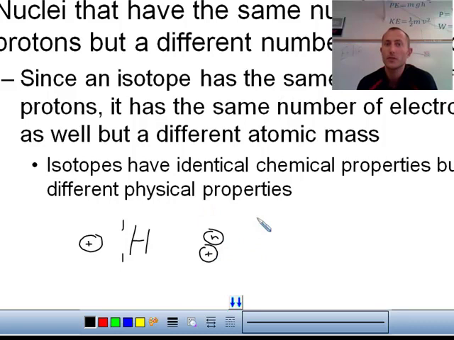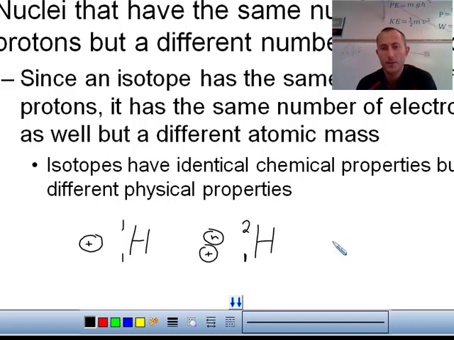So here, we still have the same element, it's still hydrogen. We still have 1 proton, but now the atomic mass is 2. This is called deuterium. There's also a third isotope of hydrogen.